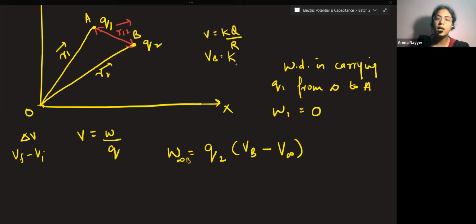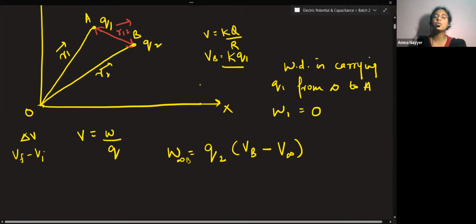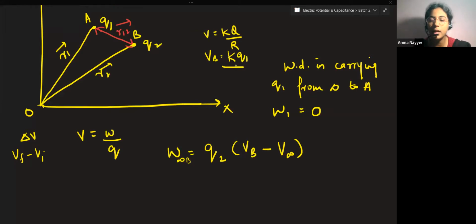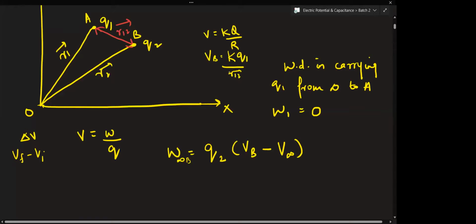So your charge will be Q1. So constant is K, charge is Q1, and now in the denominator, R12. So this is the potential that we have.